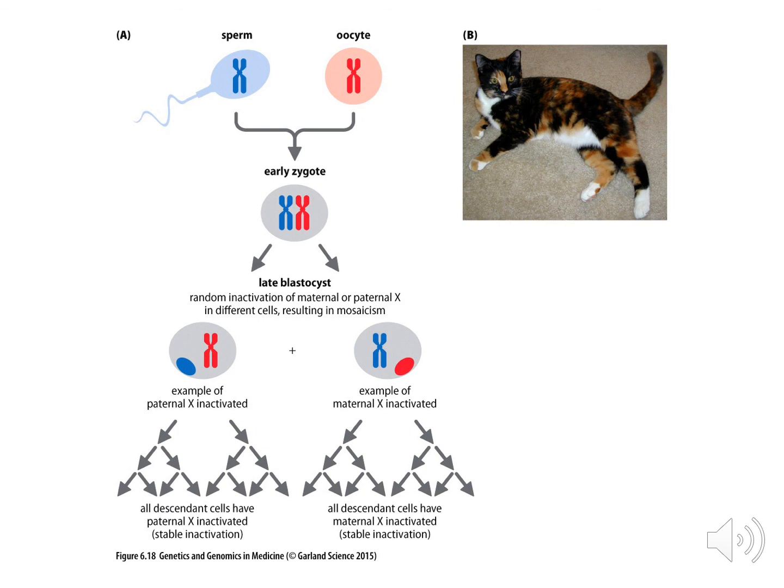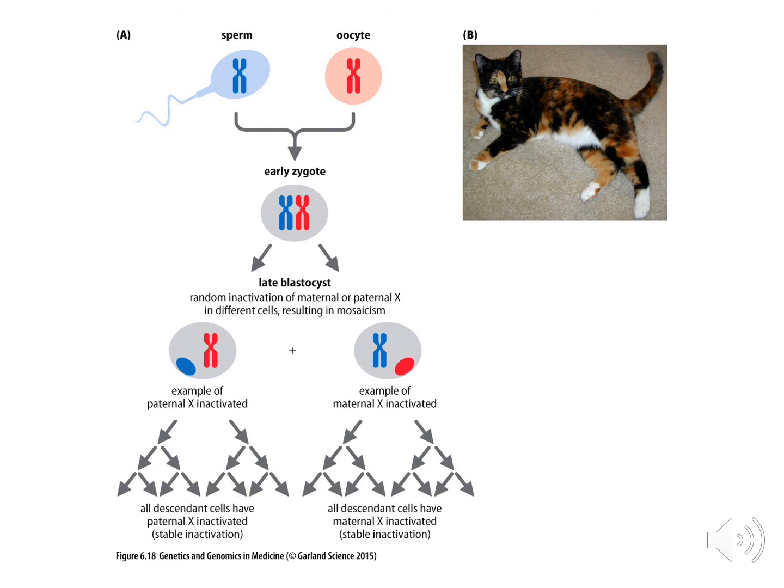In the case of the calico, which is a tortoiseshell and white cat, they're heterozygous at an X-linked coat color locus. One allele specifies a black coat color and the other orange, and the different color patches reflect clones within the organism in which different X chromosomes are inactivated.